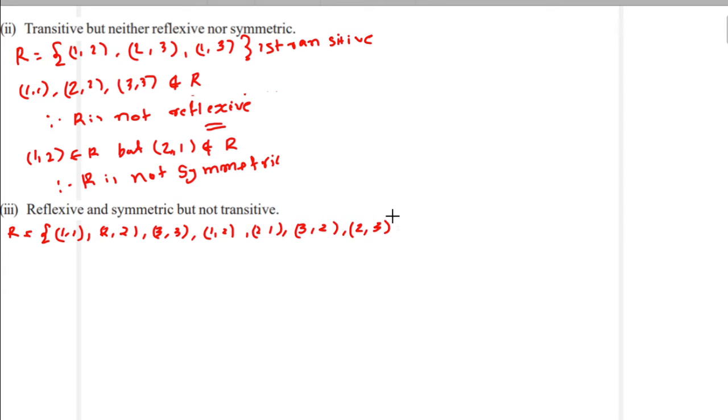Okay, in this relation you can write (1, 1), (2, 2), (3, 3) belongs to R. Therefore R is reflexive.